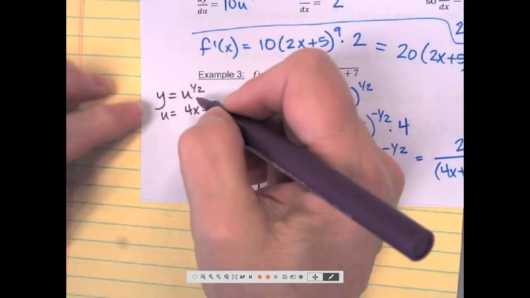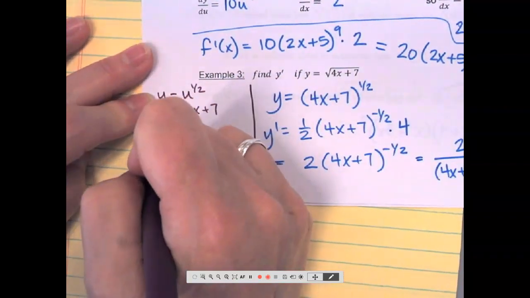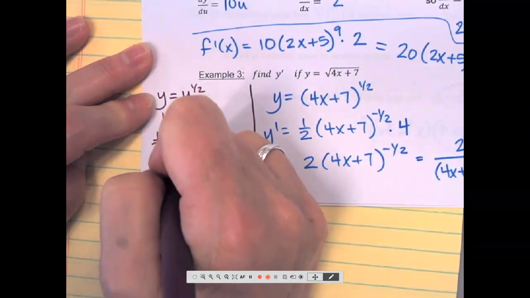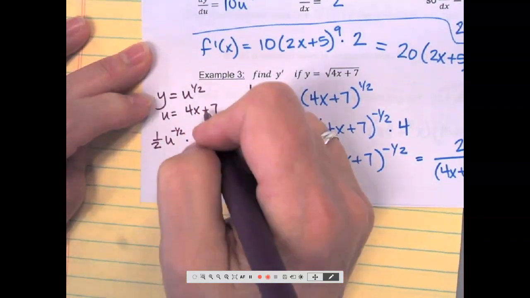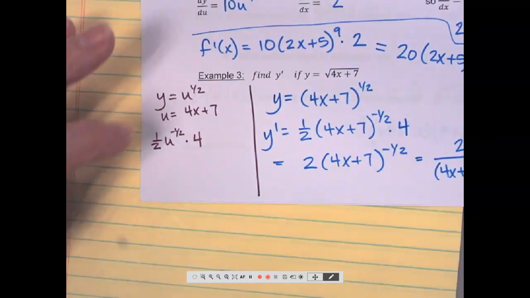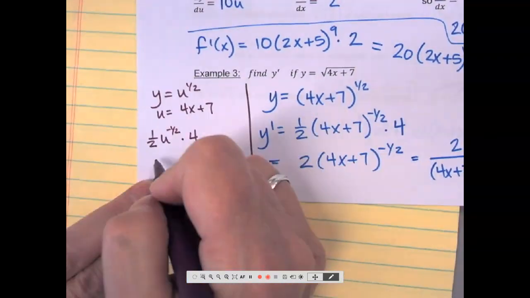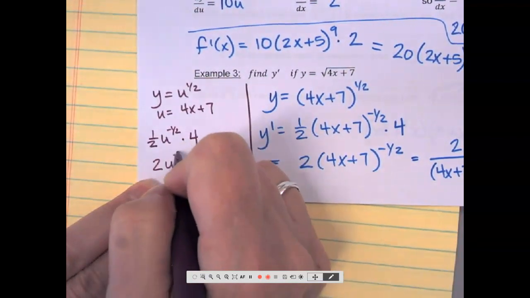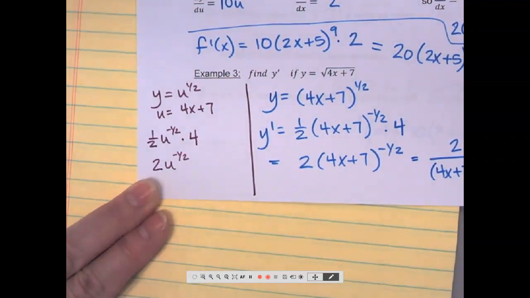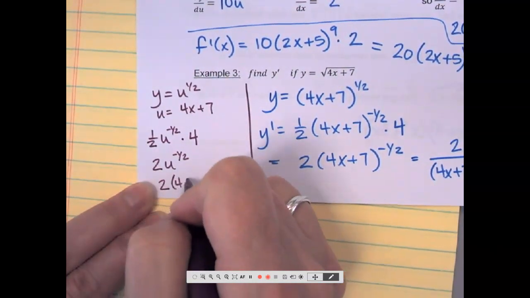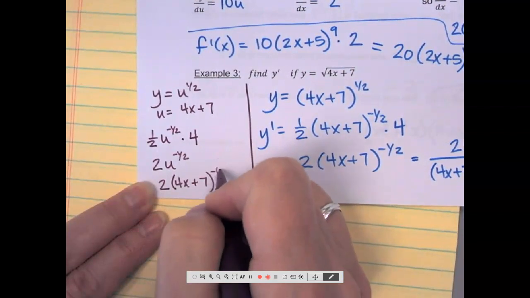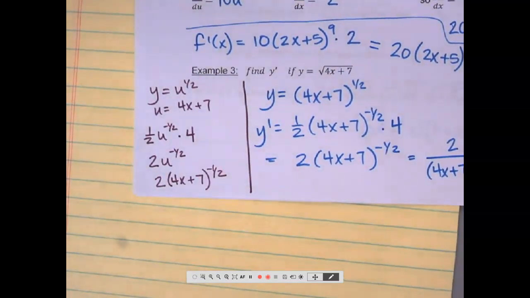Now I'm going to take the derivative of y: 1/2 u to the negative 1/2, and I'm going to multiply it by the derivative of u, which gives me 2u to the negative 1/2, and then we plug u back in. That's the other way. And we end up with the same thing. Our brains work differently, so if you prefer it that way, go for it.